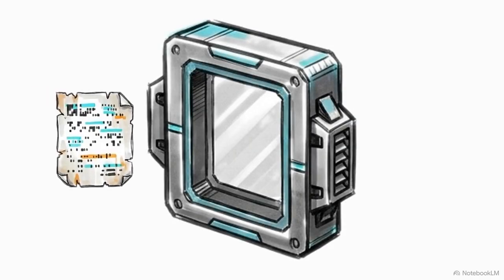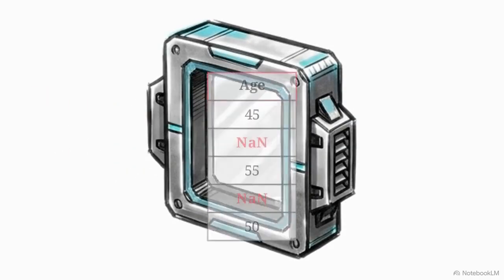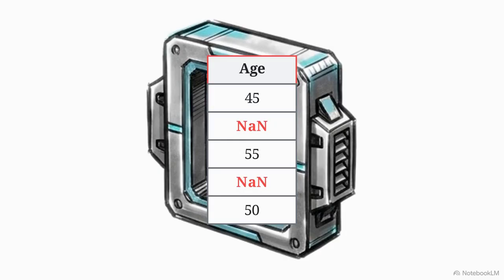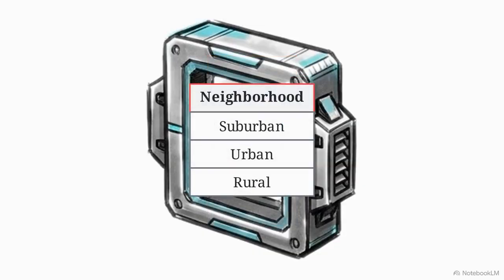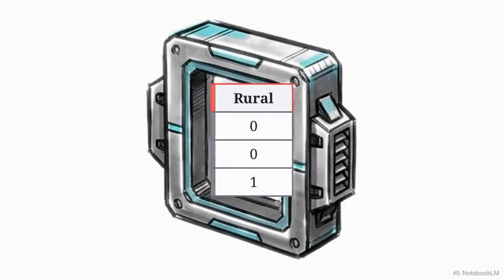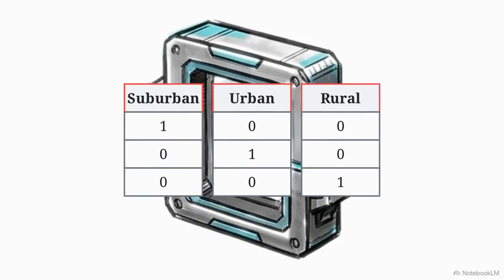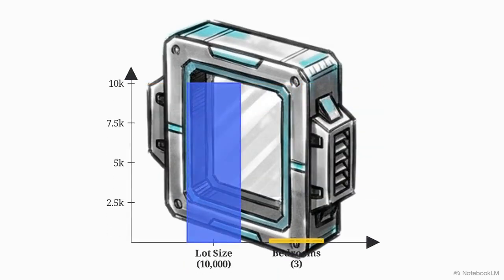To handle missing values without sacrificing valuable rows of data, we use imputation. A common technique is filling the gaps with the statistical mean of that specific column. This animation demonstrates one-hot encoding, a method used to convert nominal categorical data, like neighborhood names, into machine-readable binary logic, splitting one column into multiple columns of zeros and ones. Continuing the visual comparison, we see the necessity of feature scaling, applied here through standardization or normalization.